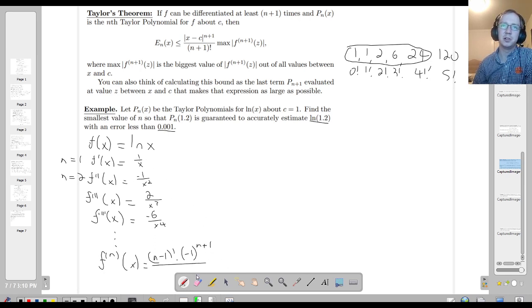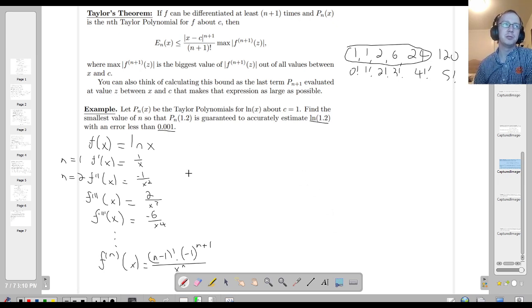So I'll write that as negative 1 to the n plus 1. And then finally, in my denominator, I've just got x to the n. So my nth derivative is going to be n minus 1 factorial times negative 1 to the n plus 1, all divided by x to the n. That was just some pattern recognition, seeing if I could match what's going on to a general definition.